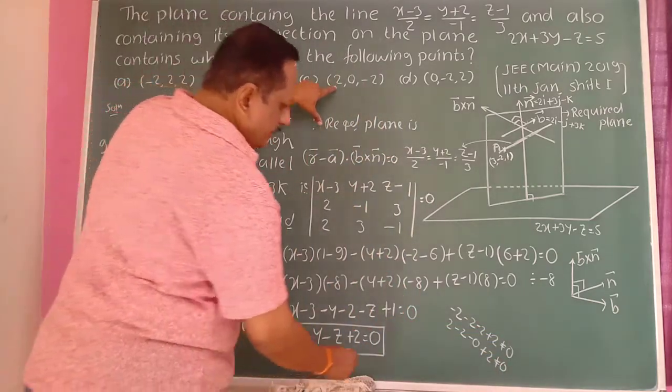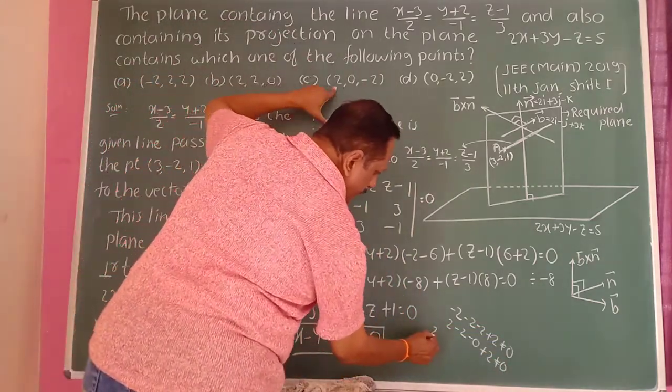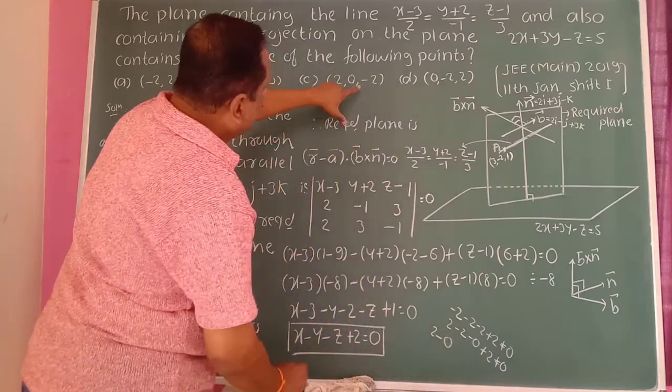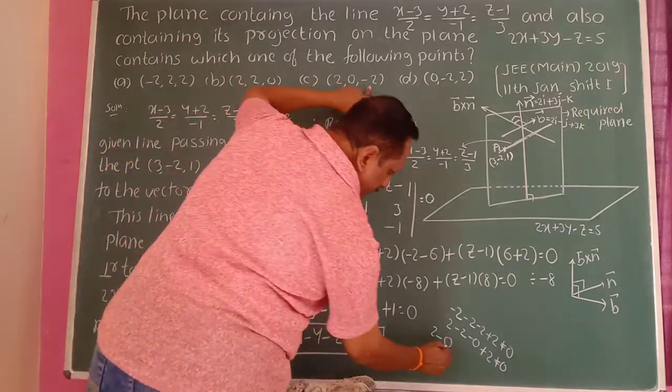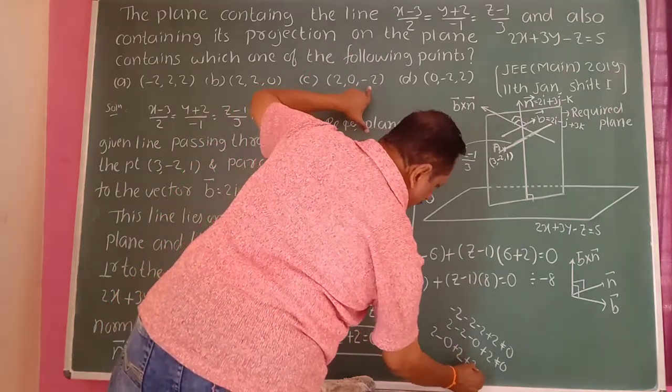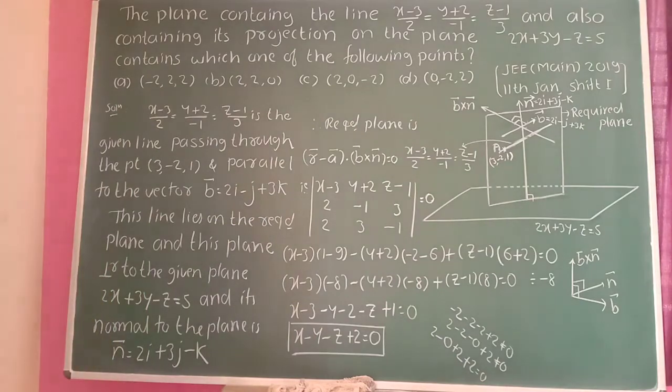Take this point: x value 2, y is 0, and z is −2. Minus of minus becomes plus 2, then 2 − 0 + 2 − 4 is equal to 0.